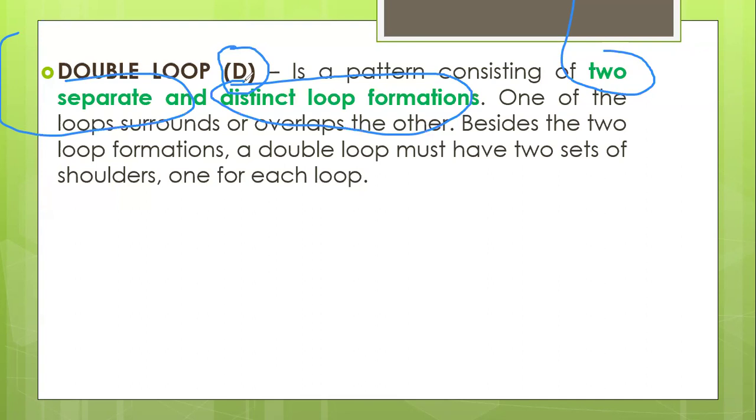Two distinct loop yan. So each of that distinct, separate loop, mayroon din silang independent shoulders. Right? And then the left shoulders. Okay. Let's proceed.